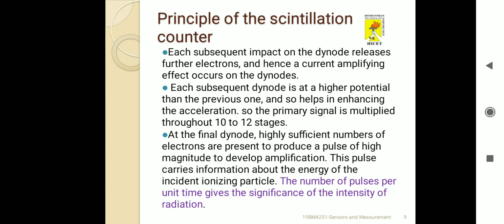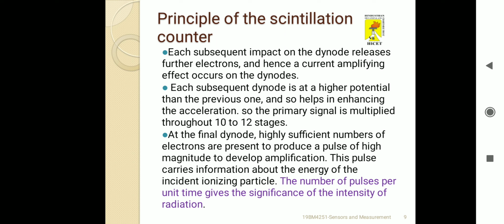Maintaining each dynode at a higher potential when compared to the previous one helps to maintain the acceleration. The primary signal is multiplied throughout 10 to 12 stages in the photomultiplier.